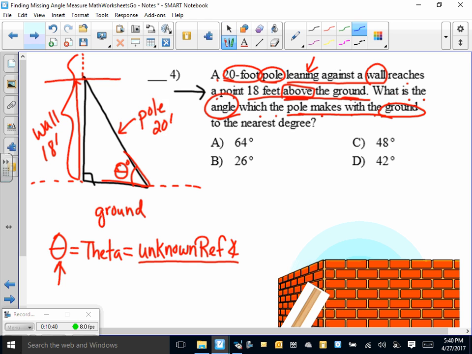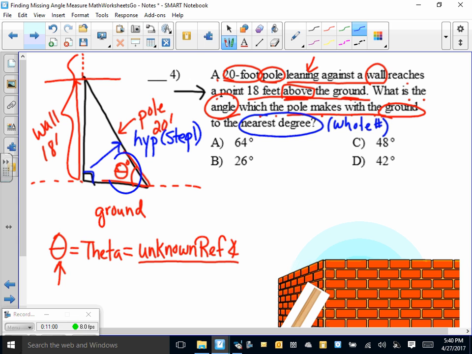Now, once we've done that, and it says they want it to the nearest degree, so again, it's going to be the nearest whole number. Okay, we just do our 4-step process. Find the right angle, go across, that's our hypotenuse, step 1. Since this is our unknown reference angle, theta is our reference angle, that's step 2, find your reference angle.